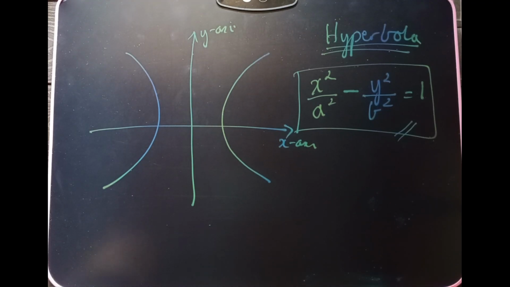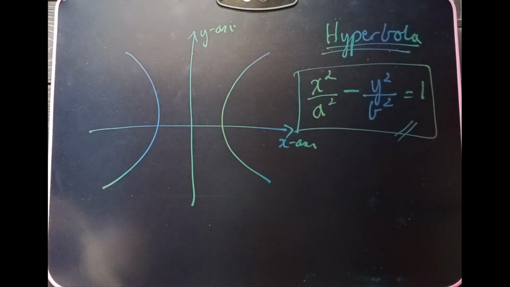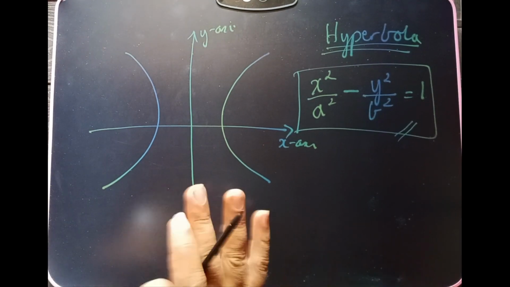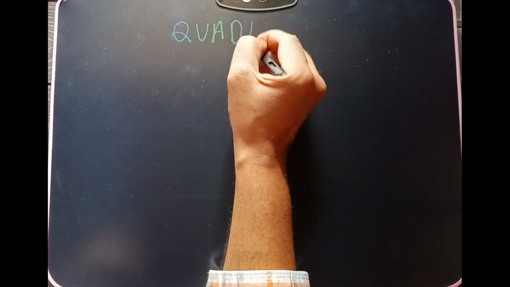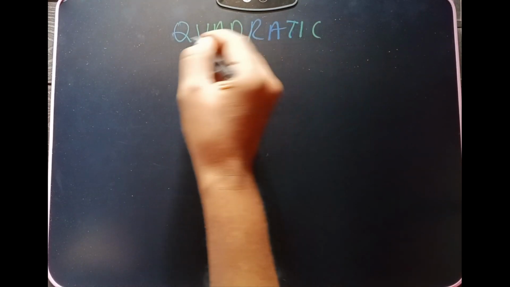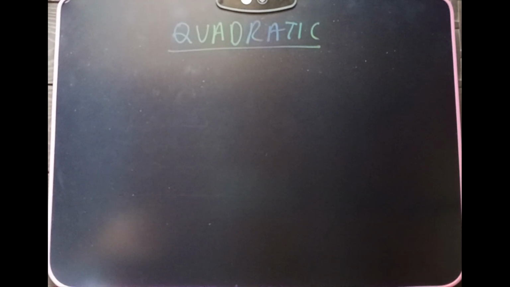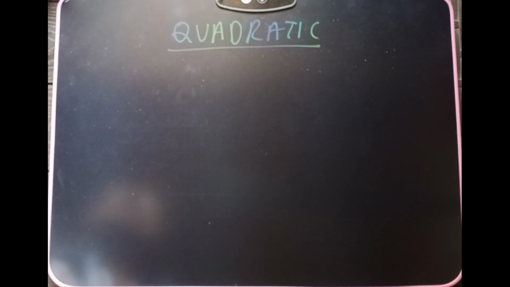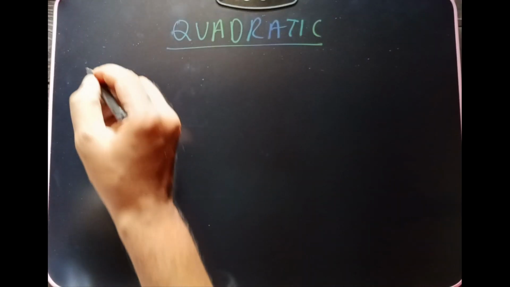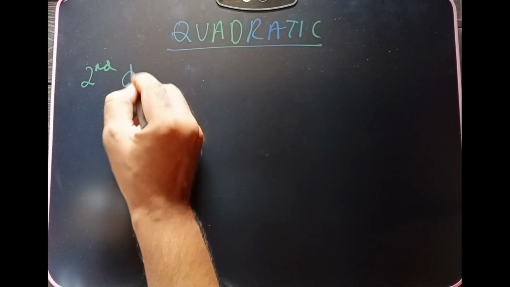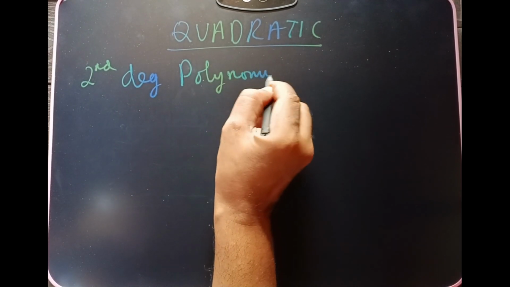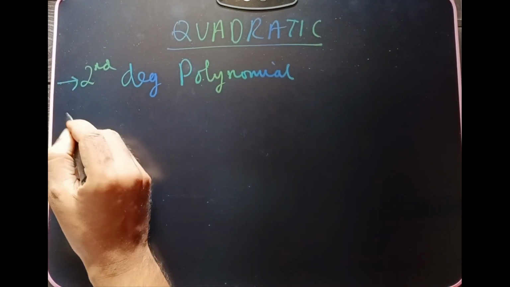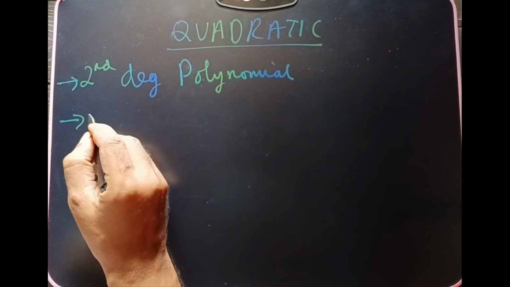So this is as part of quadratic equation. So what we have covered so far, let me just quickly wrap it up. Under quadratic equation, we have seen that quadratic is a second degree equation, second degree polynomial. Then we have seen how to get the roots, two roots.